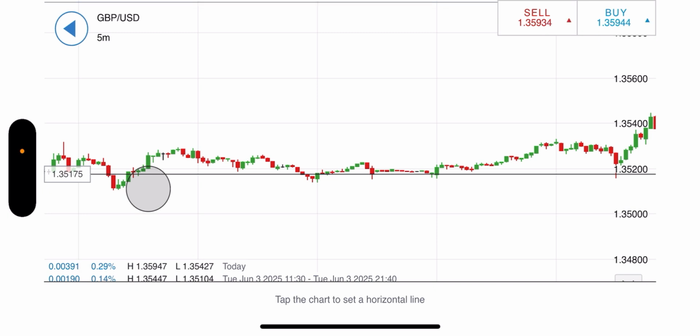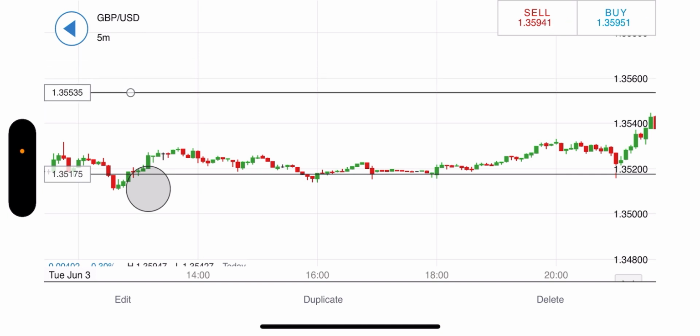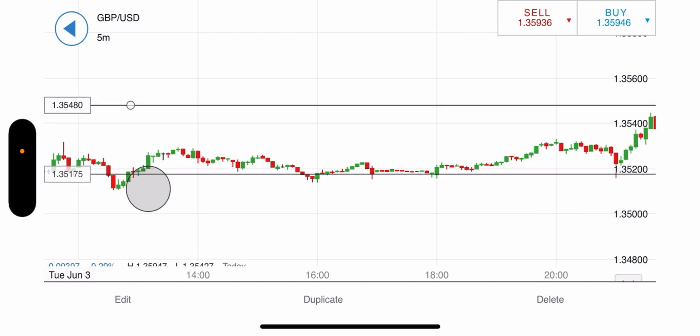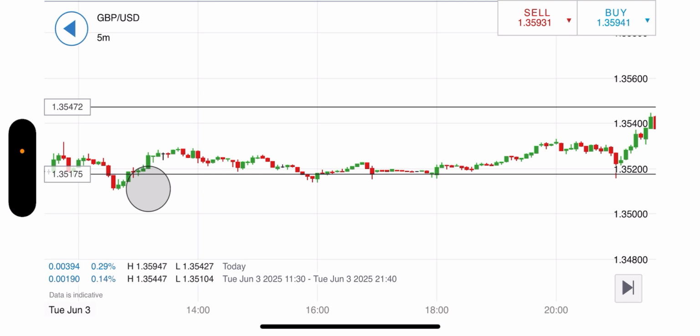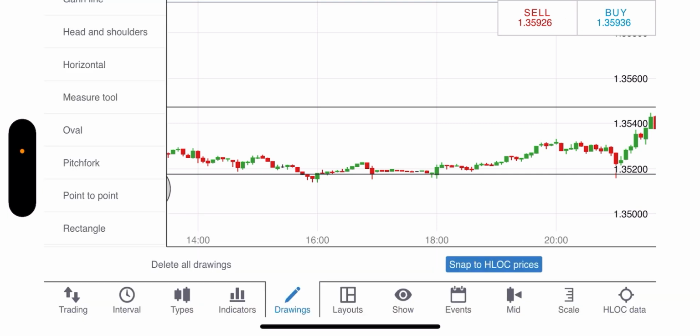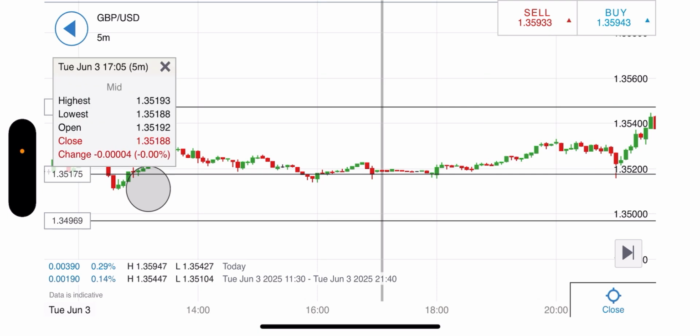So let's go ahead and draw that line. 135,475. Okay, 472, close enough. All right, and then let's do one lower. So 175 minus 30 is 875. So 134,875 will be if it goes in a down direction.